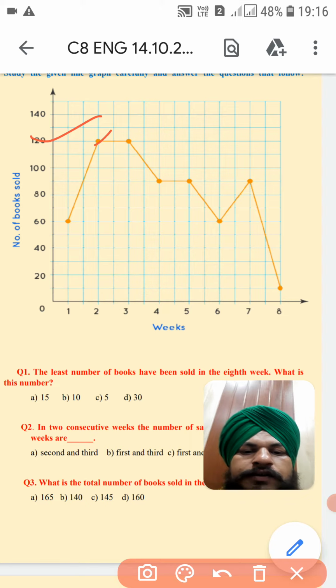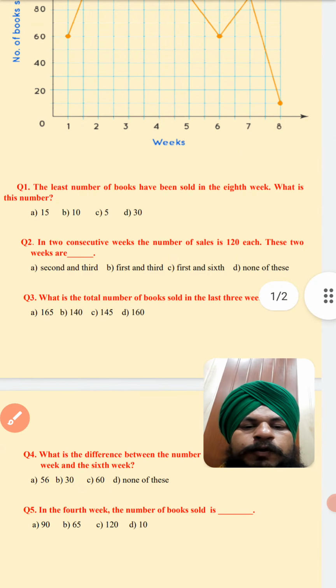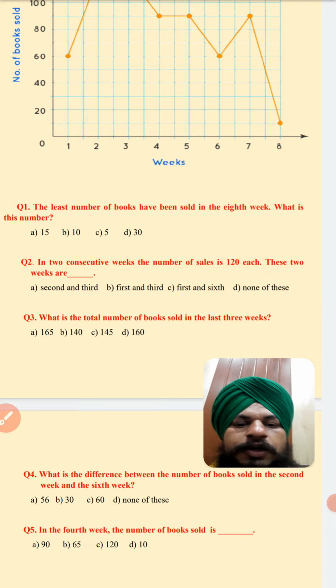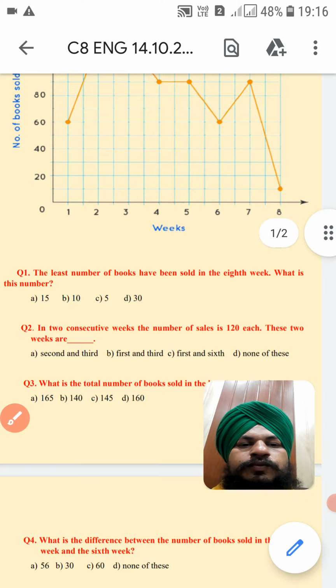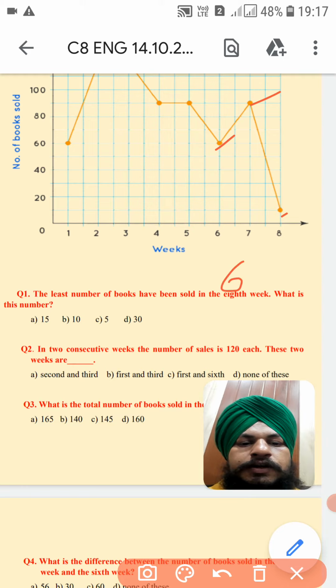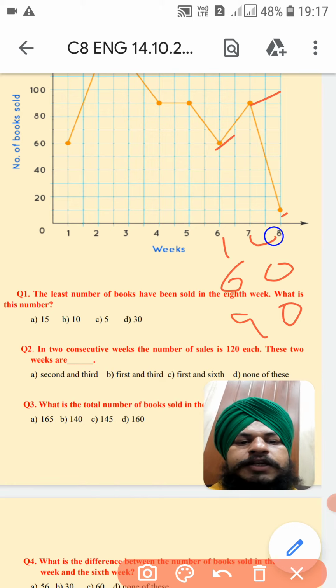So next is question number 3. What is the total number of books sold in the last 3 weeks? So last 3 weeks are here. One is 6th, one is 7th, and one is 8th. In the 6th week there is 60 books, and in the 7th week there is 90 books, and in the 8th there is 10 books.